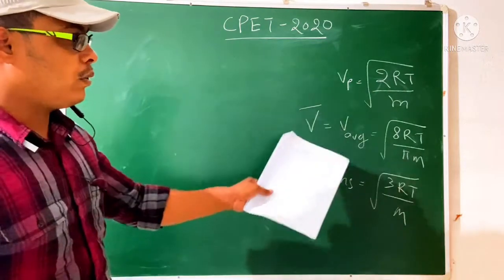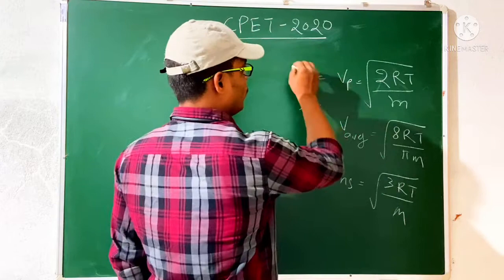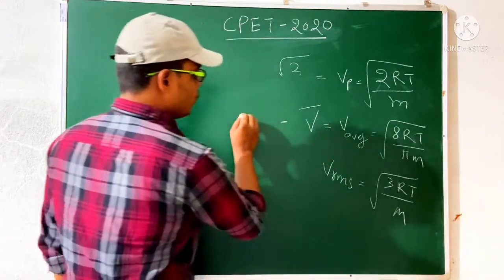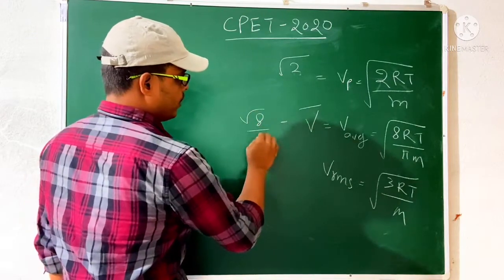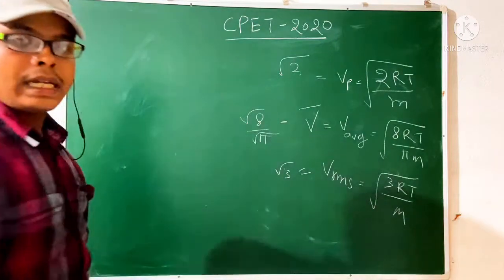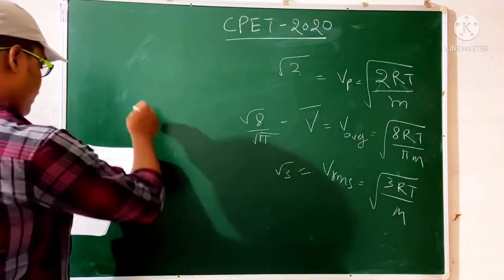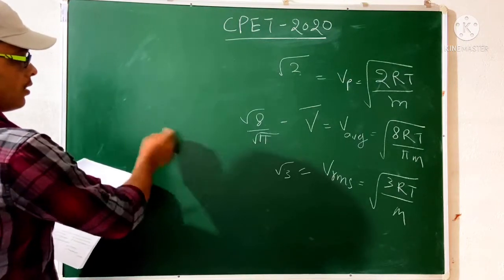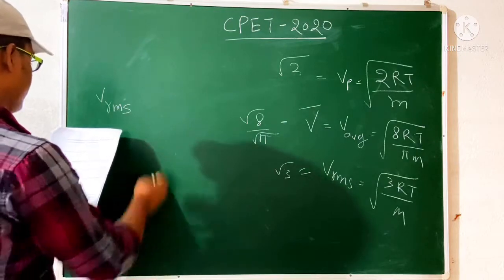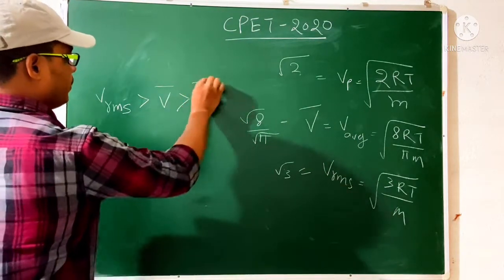They are related to root 2, root 8 by pi, and root 3. If we calculate using your calculator, you can observe that V RMS is greater than V average, and this is greater than the most probable velocity, right?